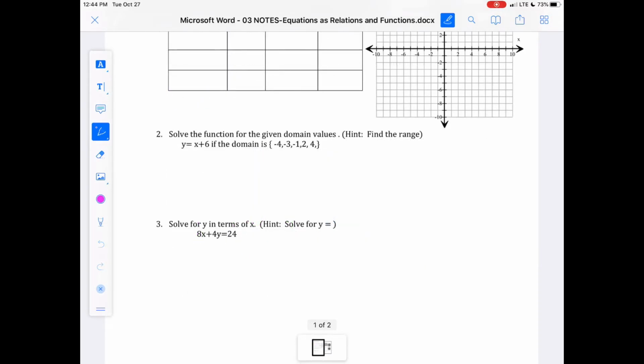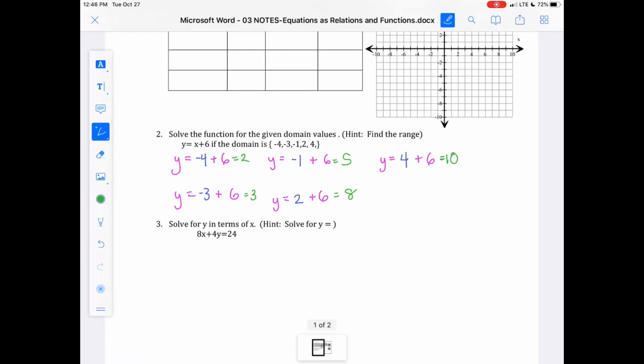So you'll notice for problem 2, they're asking us to solve for this function given those domain values. It's the same idea even though you're not given a table. You're going to plug in all of those respective values into x.